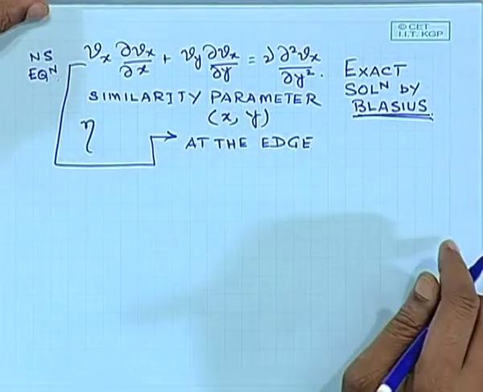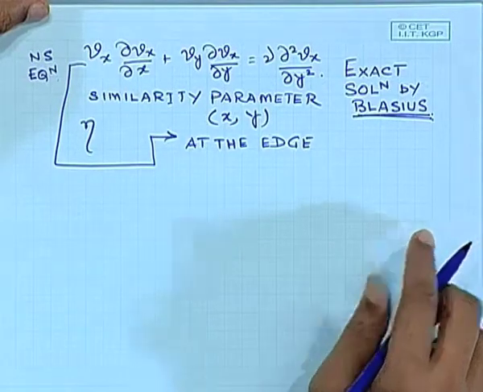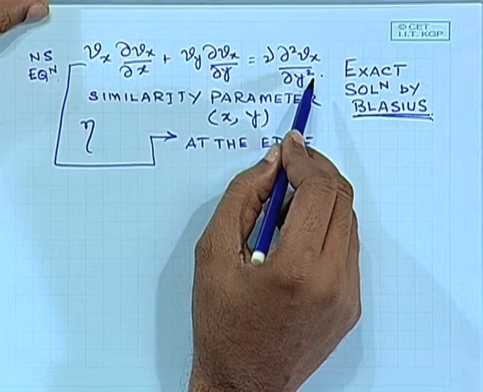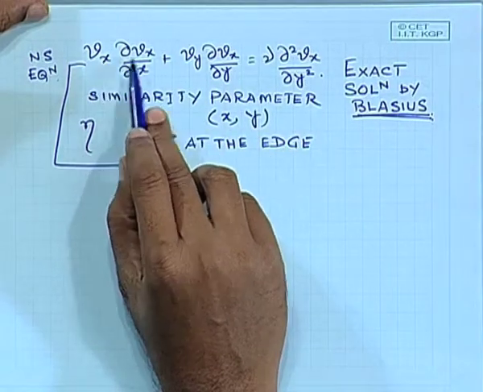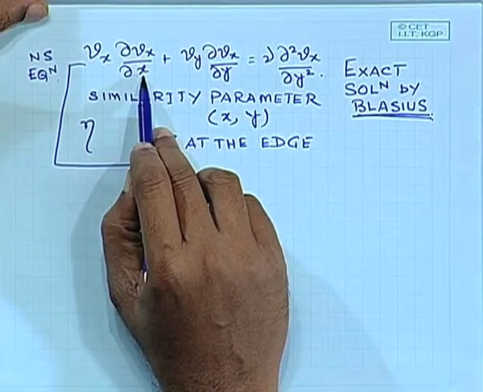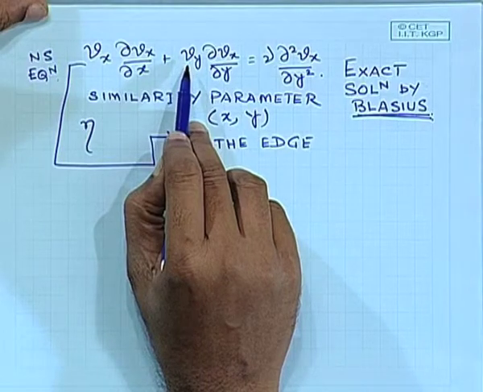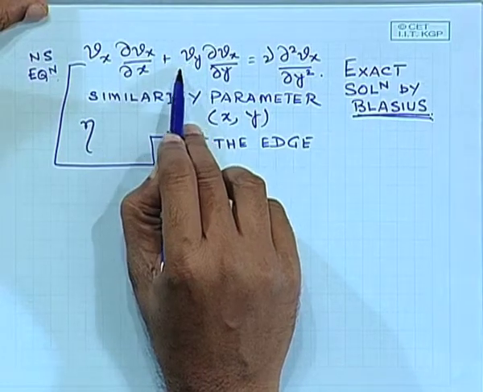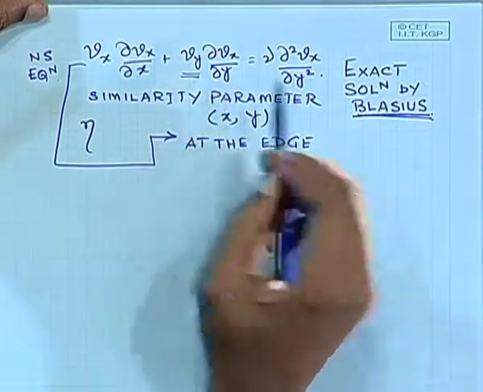Which term is going to be 0 at the edge of the boundary layer? The velocity in the x direction would still be there. The velocity may change by a small amount in the x direction. Vy would be non-zero, and we would solve one problem later on to see whether or not Vy is really non-zero at the edge of the boundary layer.